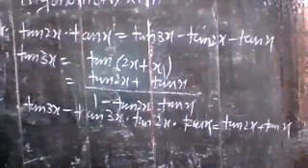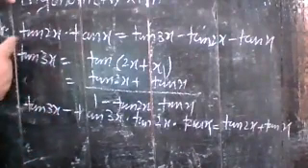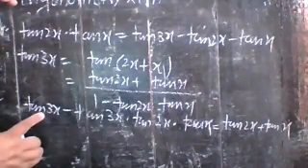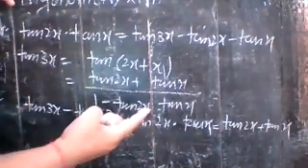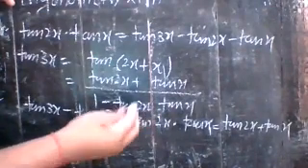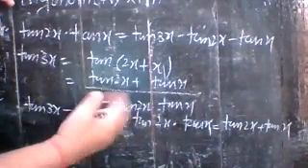Now arrange the terms as per the question. Here tan 3x is your positive term. On the right side you have the term tan 2x with positive sign, so if tan 2x is transferred to the left side, it becomes minus tan 2x.